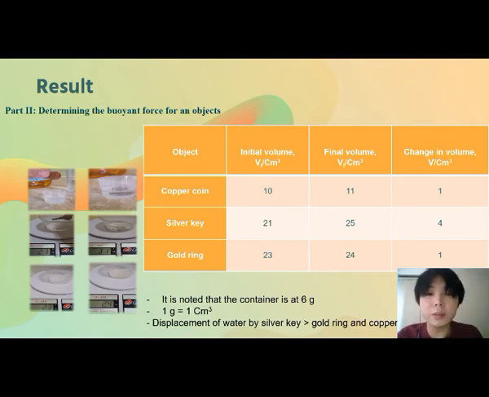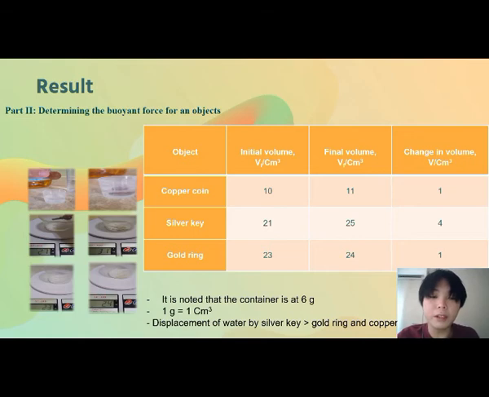We also use the weight balance to measure the mass of the volume, because the theory states that 1 gram of mass is equivalent to 1 cm cube. Hence, we use this comparison as our volume.